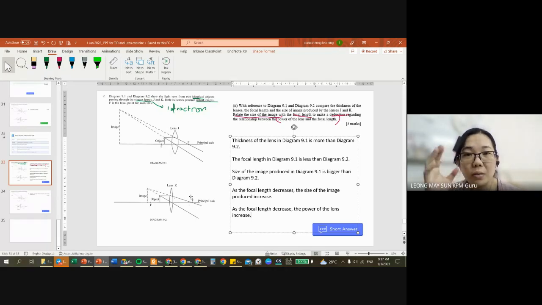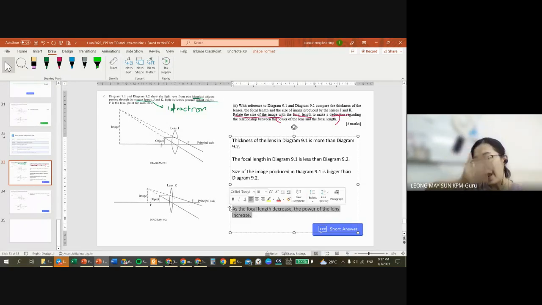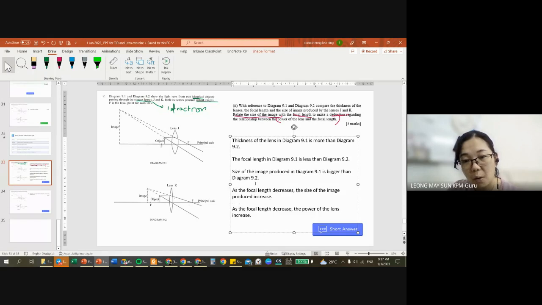Because what they want you to interpret is at the relating part. As the focal length increases, the power of the lens decreases, only this part needs you to know beyond the question. They need you to understand even deeper syllabus. But these 4 marks, you just have to see from the question and answer to get these 4 marks.